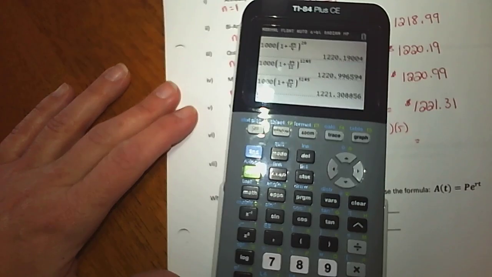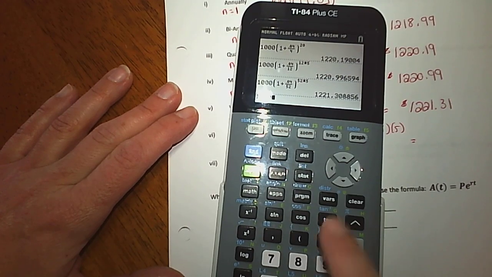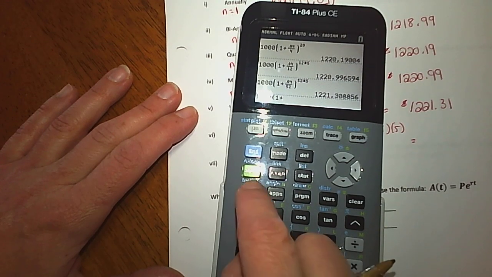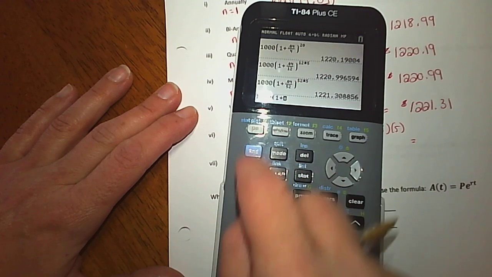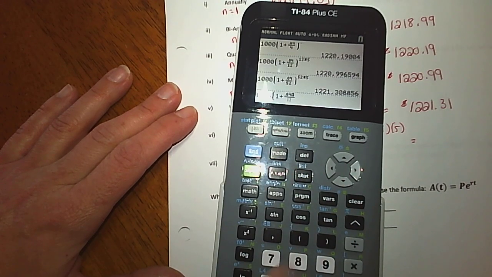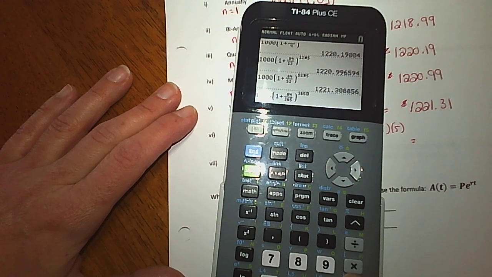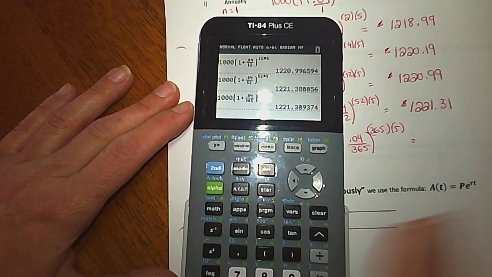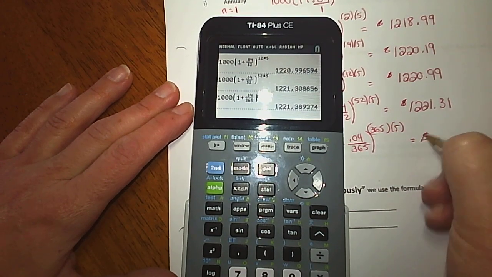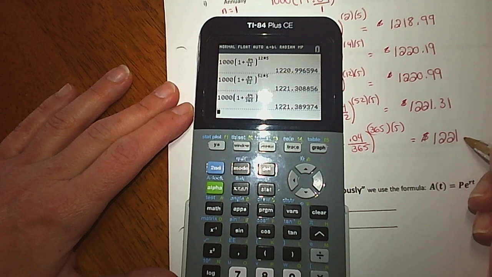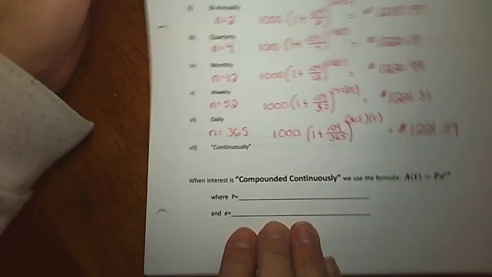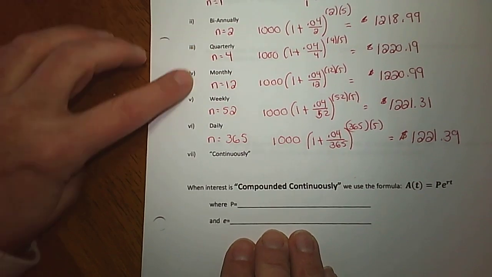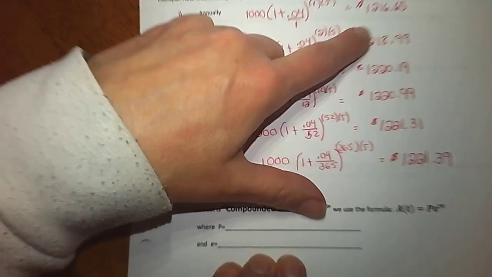Let's see how much it goes up by this time. 1,000. 1 plus fraction button. 0.04 over 365 days a year. Raised to the 365 times 5. And it did go up. 1,221 and 39 cents. All right. So you notice the more times we compound something in a year, the more money we make.